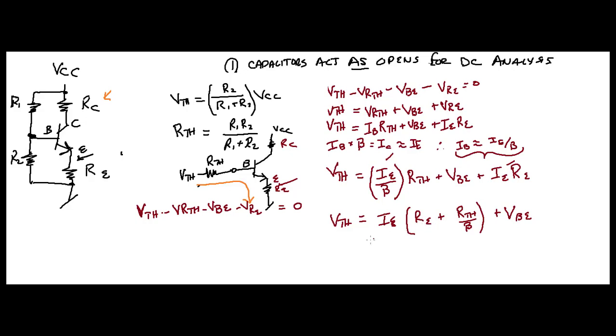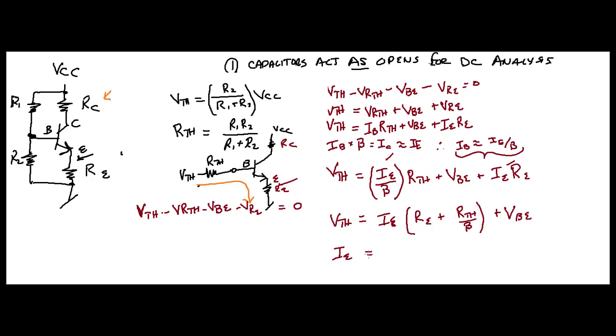So now I want to get this value here in terms of IE, right? If we do that, it's pretty straightforward. We're going to subtract VBE from both sides, and we're going to end up with this.